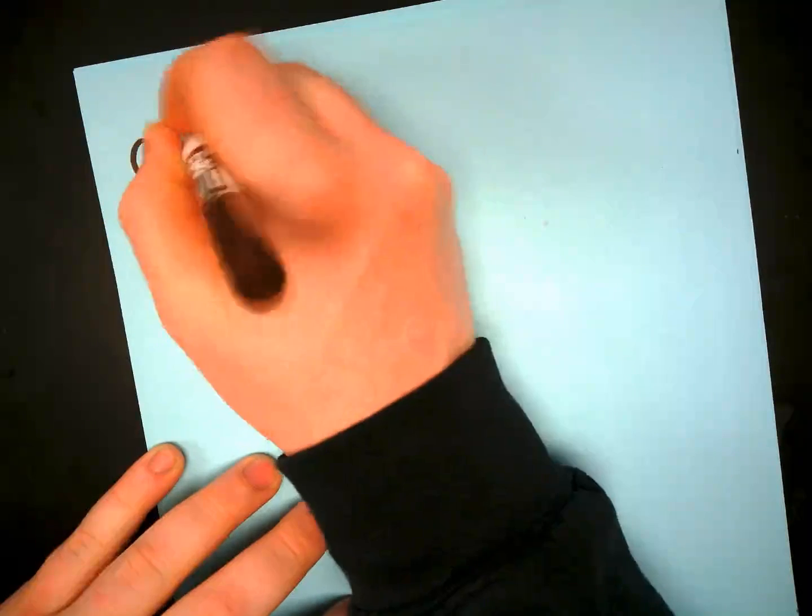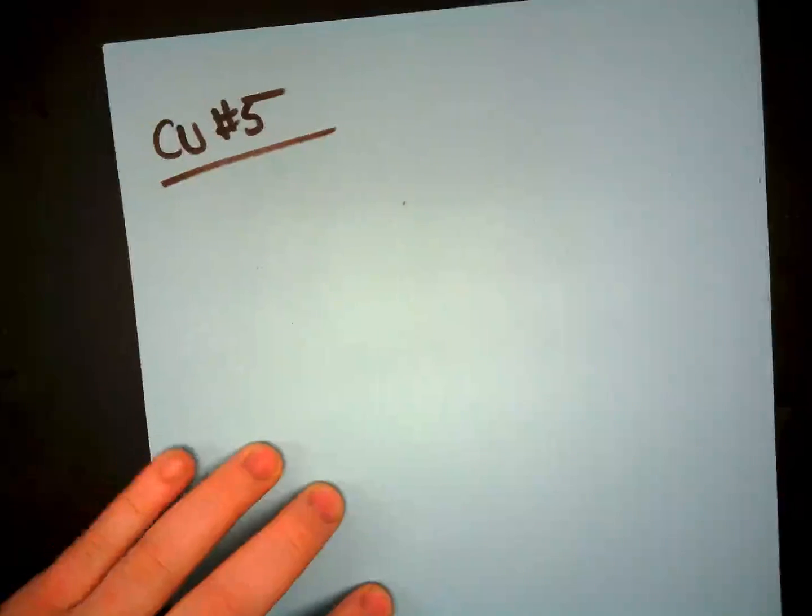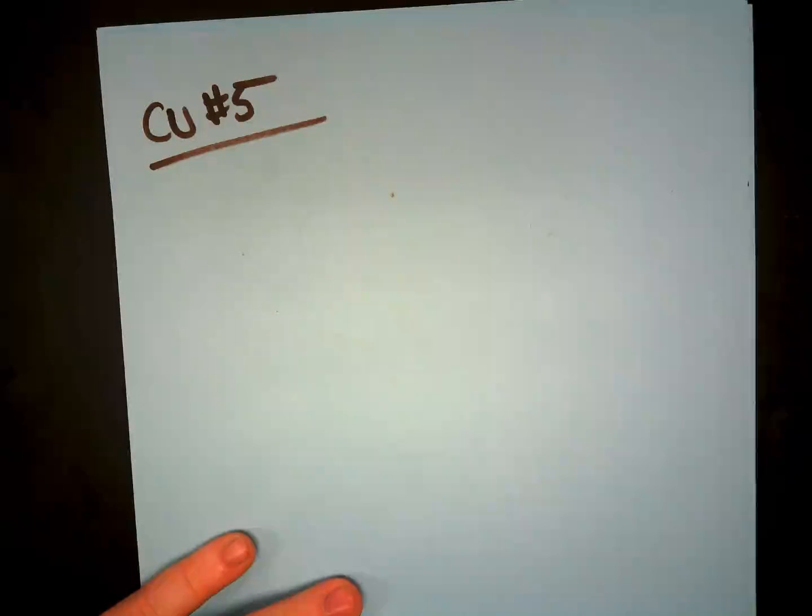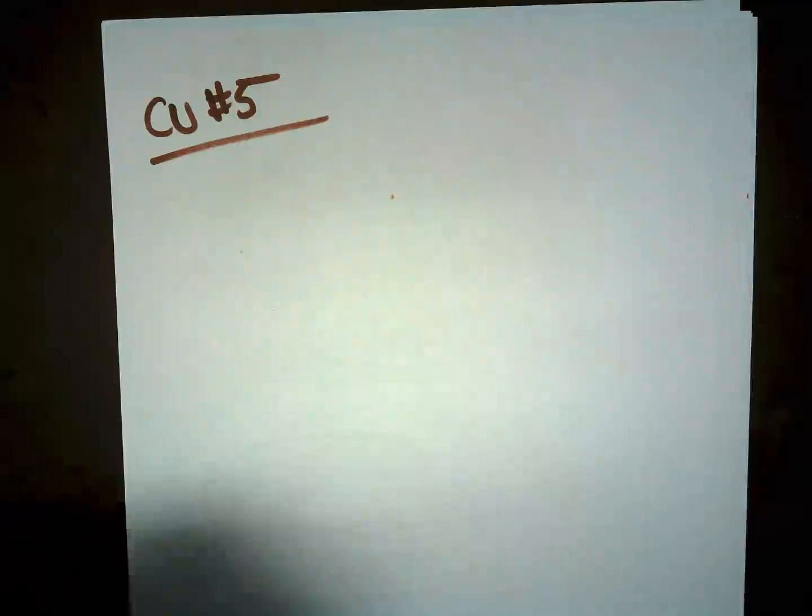Okay, and then check your understanding number 5 here. So let's check your understanding. CU number 5. Okay, so Lamborghini, however you pronounce that particular model, Lamborghini is Italian, I think.